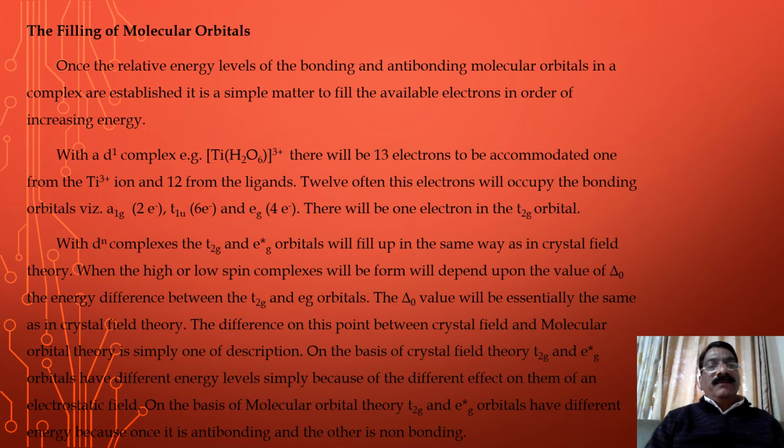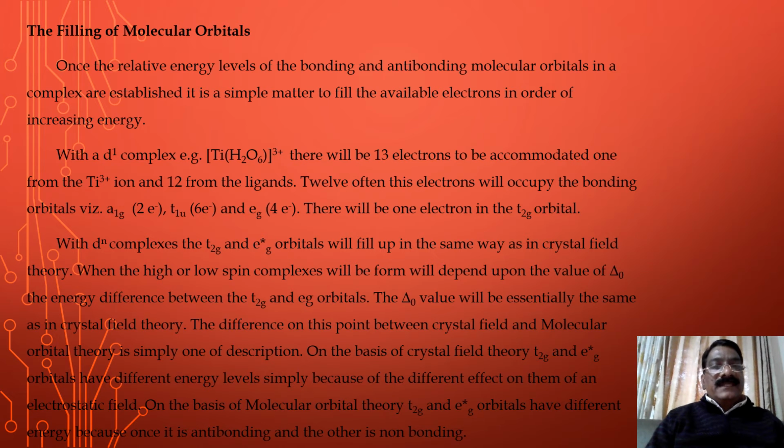With a d1 complex, for example, [Ti(H2O)6]3+, there will be 13 electrons to be accommodated, 1 from the Ti3+ ion and 12 from the ligands. These 12 electrons will occupy the bonding orbitals, that is a1g 2 electrons, t1u 6 electrons, eg 4 electrons. There will be 1 electron in the t2g orbitals.